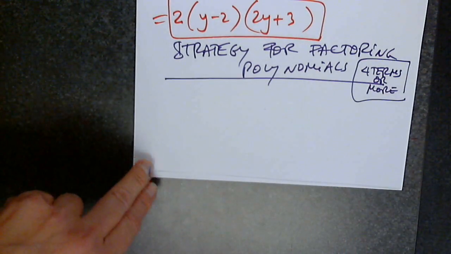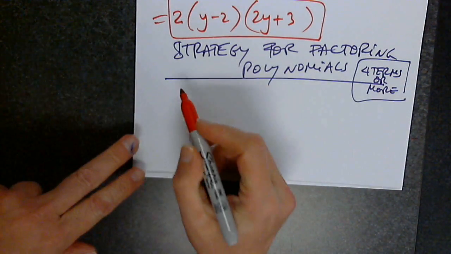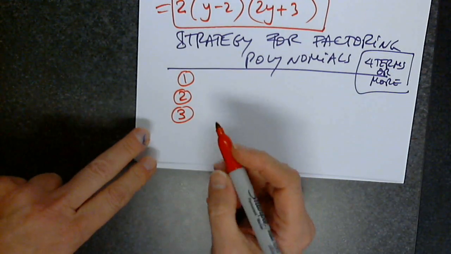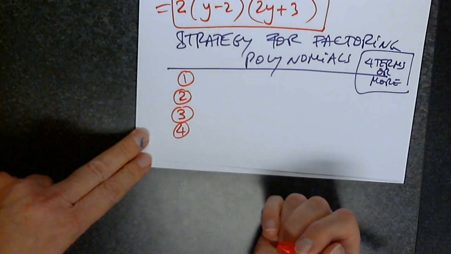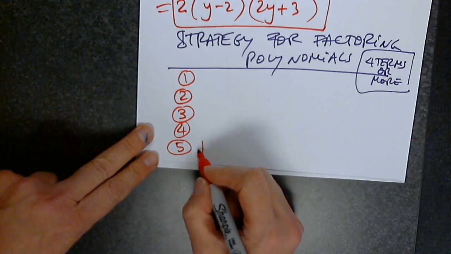I do not mean binomials and I do not mean trinomials. This is the easiest possible strategy. Number 1, what is it? Number 2, descending order. Number 3, greatest common factor. Number 4, negative leading coefficient. And number 5 is factoring by grouping.